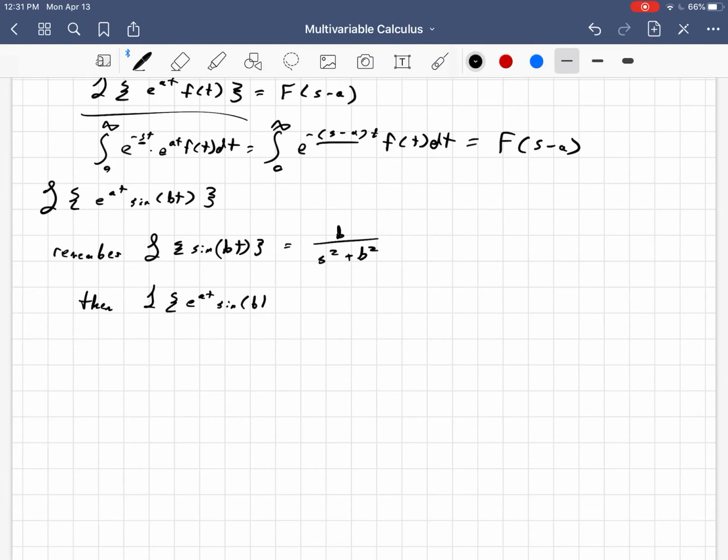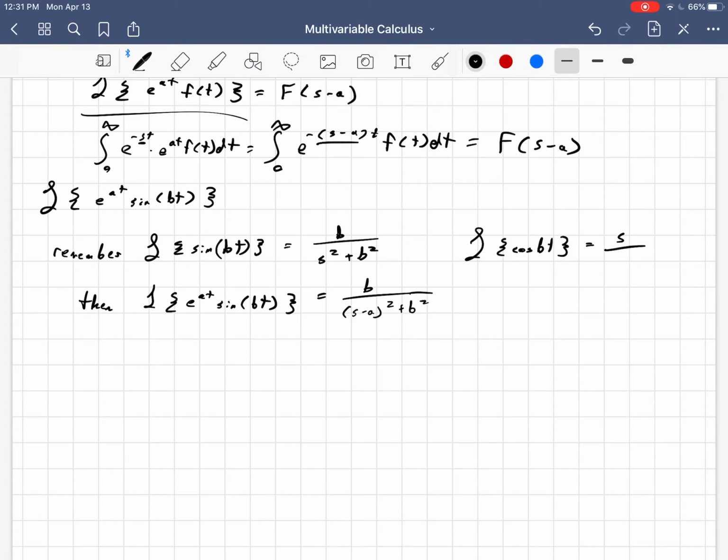Then that means the Laplace transform of e to the at times the sine of bt is nothing but b over (s minus a) squared plus b squared. That's it. Where there was an s, I put an s minus a.